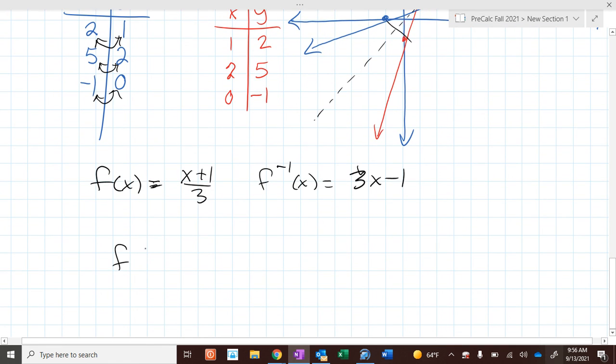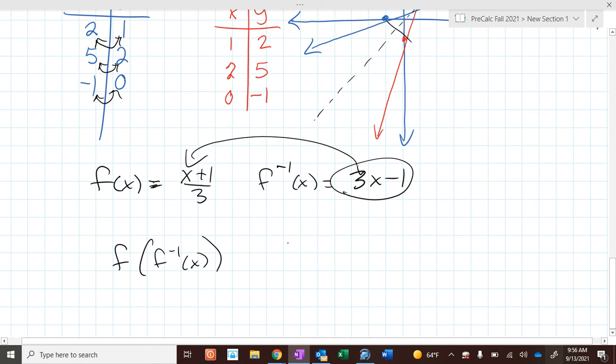If you do f of f inverse of x, if you put this into here, 3x minus 1 plus 1 over 3 gives me, what's 3x plus 1 minus 1? 3x over 3, which gives me x.